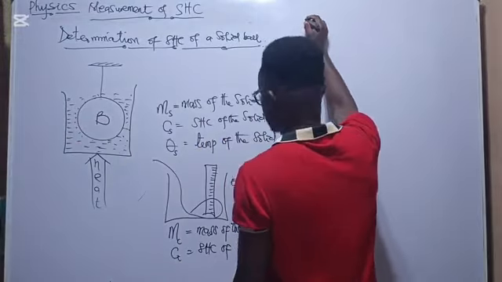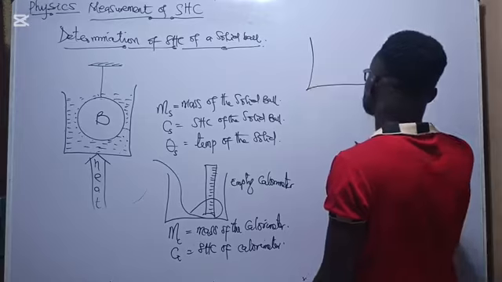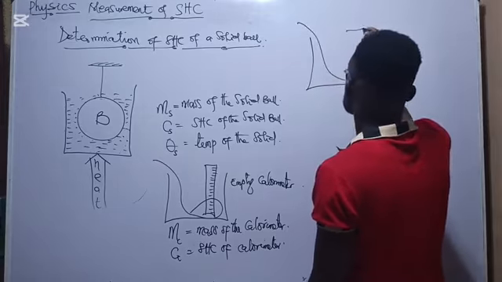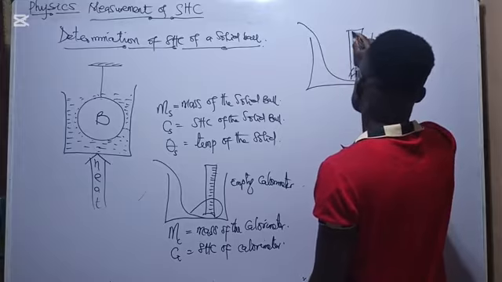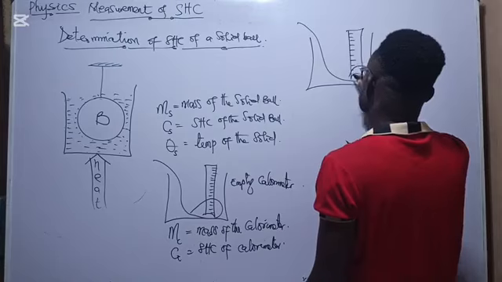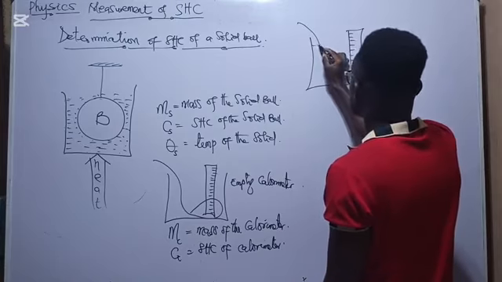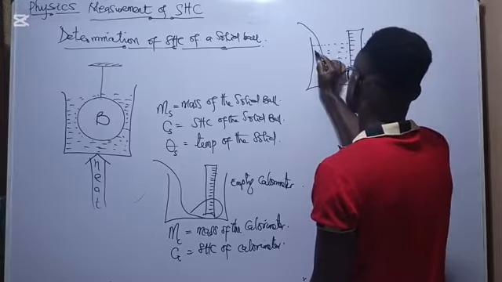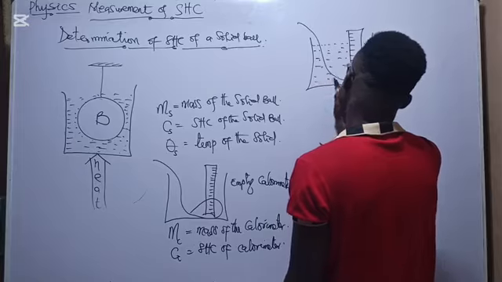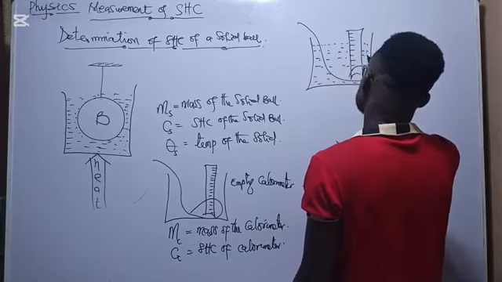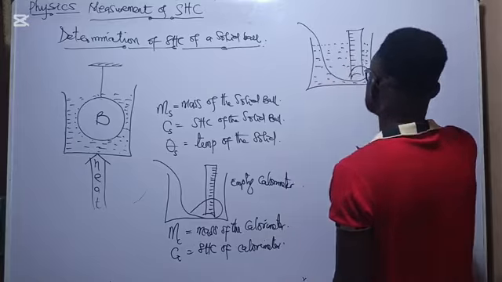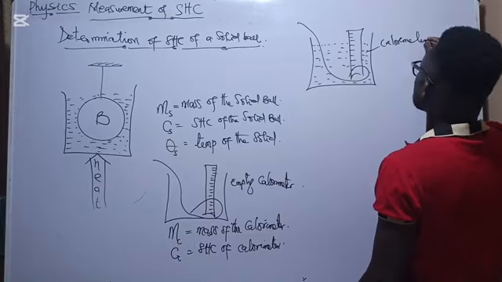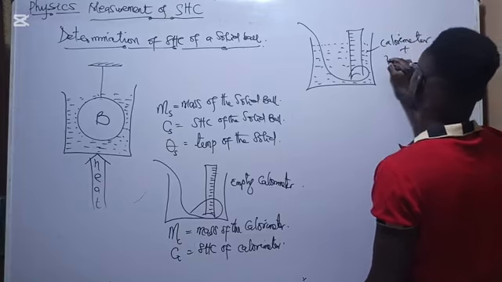Now you have the calorimeter. You pour water into it. So this is the calorimeter containing water. Calorimeter plus water.